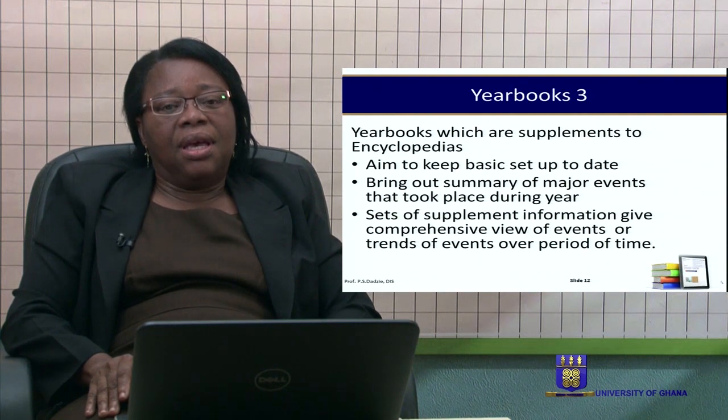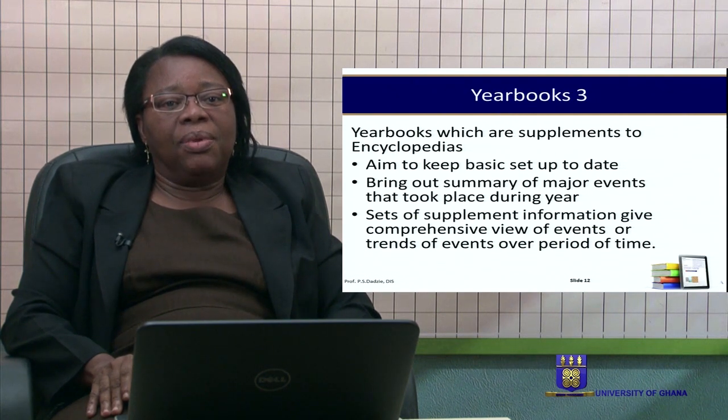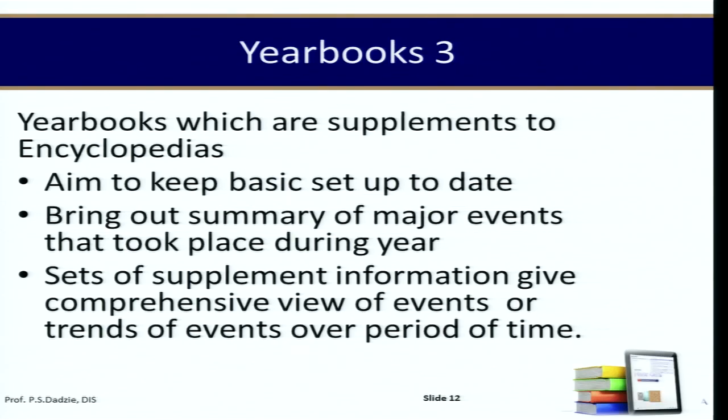For instance, if we have the Encyclopedia Britannica, which is in 32 volumes, obviously the publishers cannot publish the encyclopedia every year, 32 volumes. And so they need to keep that encyclopedia up to date. So they do publish yearbooks to supplement that basic set of the 32 volumes.